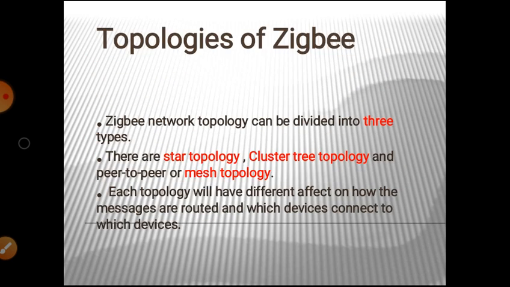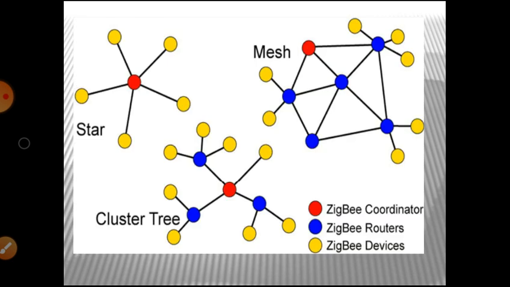Next topic is topologies of ZigBee. ZigBee network topology can be divided into three types. There are star topology, cluster tree topology and peer-to-peer, also known as mesh topology. Each topology will have a different effect on how the messages are routed and which device connects to which device.